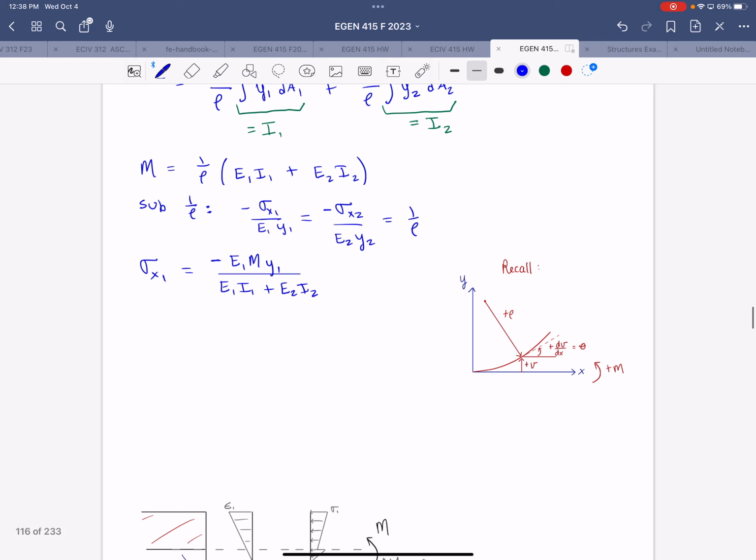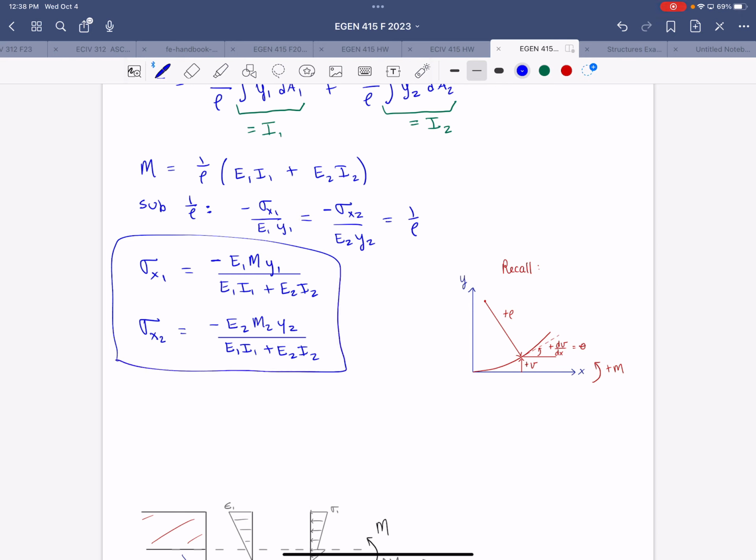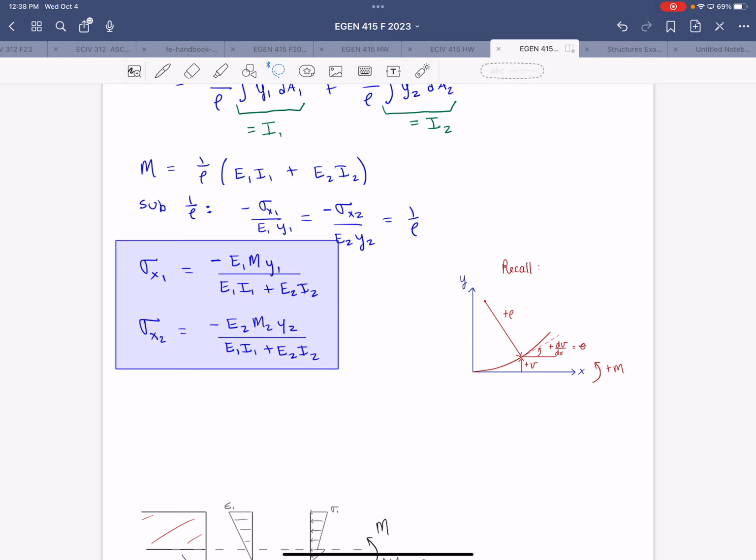And similar for the normal stress at a given location within area A2. You have the first M doesn't have a subscript, and the second one does.